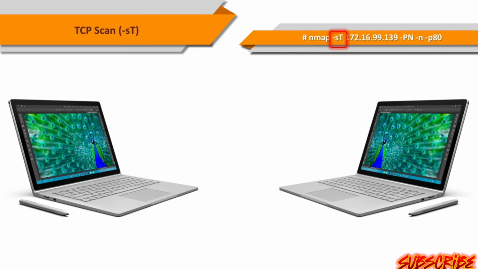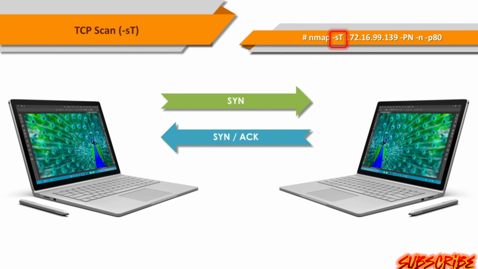The steps of TCP Connect Scan are exactly the same as the TCP three-way handshake. You send a SYN packet to open a real connection and then wait for a response. A SYN ACK response indicates the port is listening or open, while a RST reset is indicative of a non-listener.